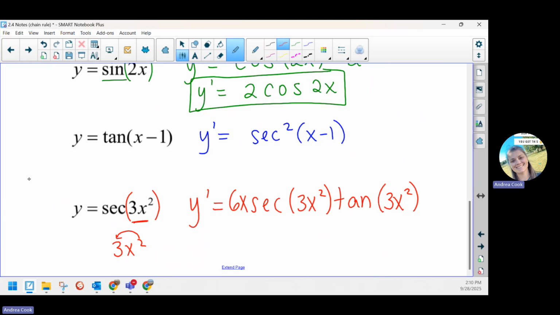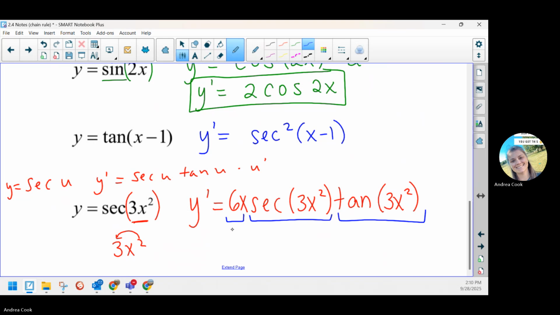So again, the derivative of secant u, if that's my function, the derivative is secant u tangent u times the derivative of u. So that's what we're doing here. So we have secant u tangent u derivative of u.